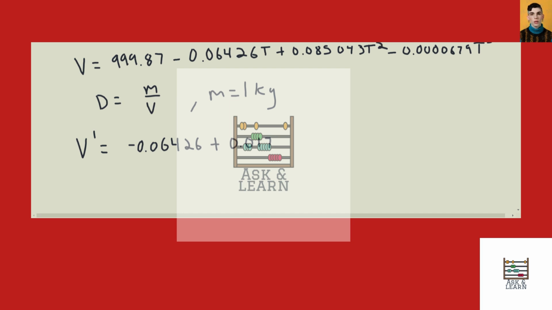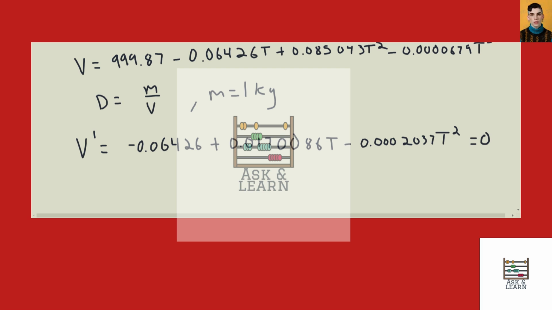It's squared here. So we take 2 and we multiply by that value there. Then you have T, and then you multiply 3 by this value here. It comes out to be negative 0.0002037 T cubed, or T squared, excuse me. Right, all of that is equal to 0.